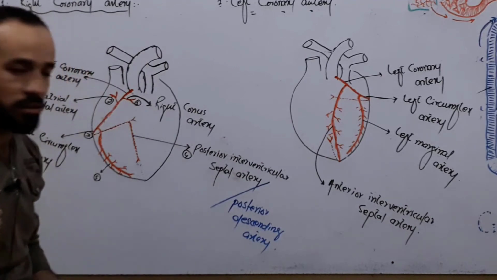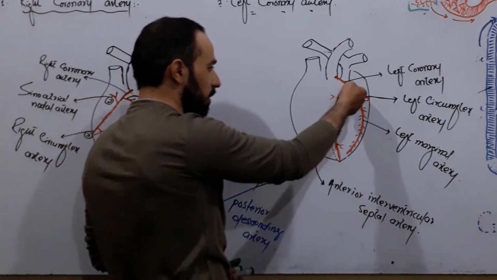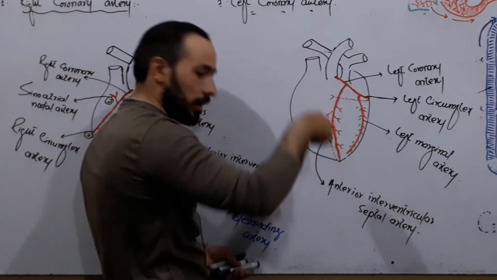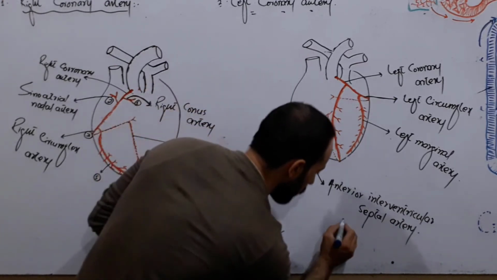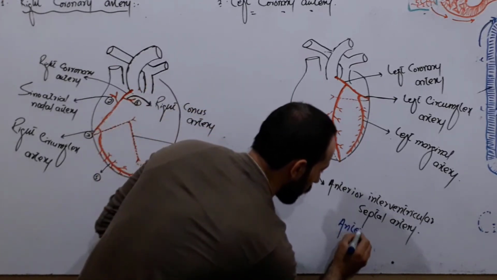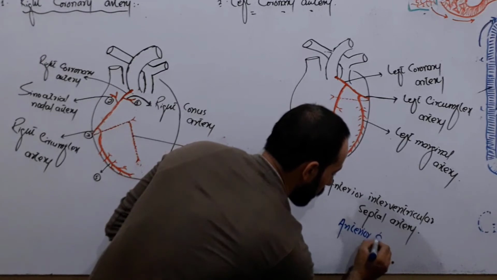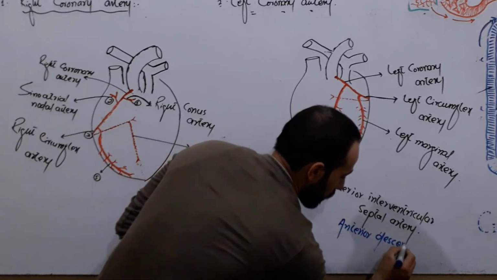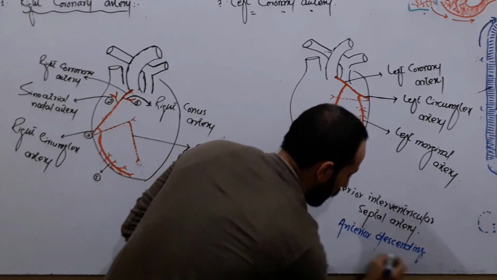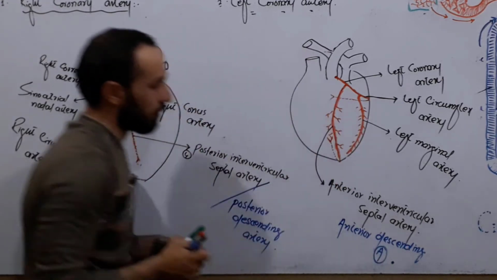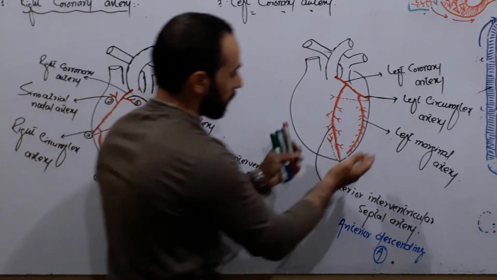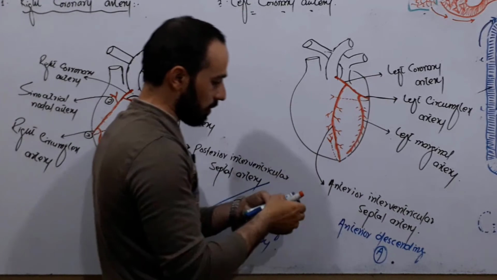Anterior interventricular septal artery, or this is also known as anterior descending artery, right? Okay, these are the branches of the left coronary artery.